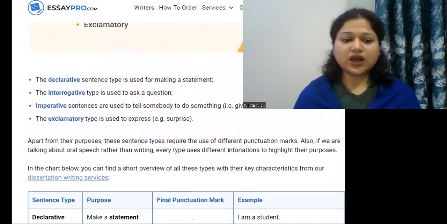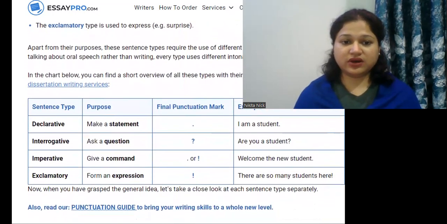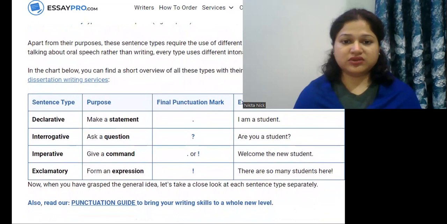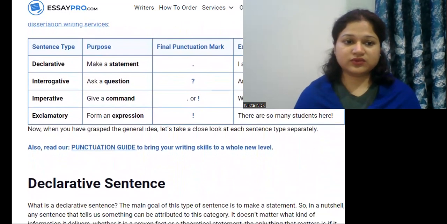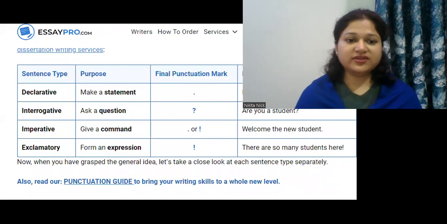Okay. Apart from the purpose, these are the uses of sentences where we use different punctuation marks. What are those? See, in a declarative sentence, we make a statement.